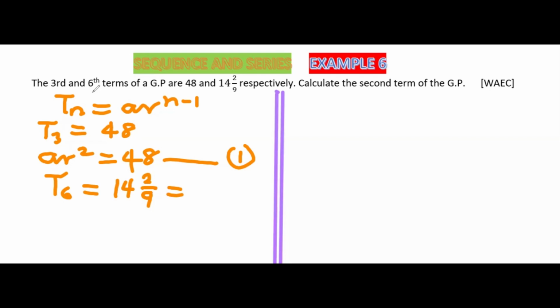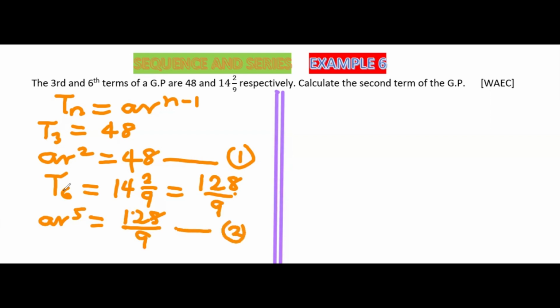If you now add 2 to it, it will be 128. So 128/9. Since the formula for T6 is AR to the power of 5, this becomes AR to the power of 5 equals 128/9, and we have this as equation 2.